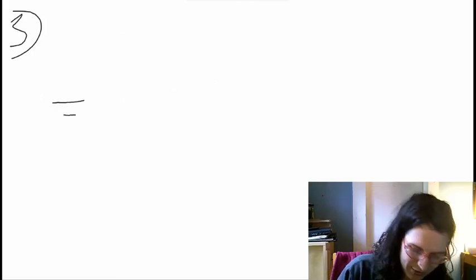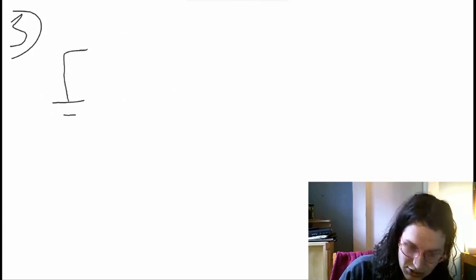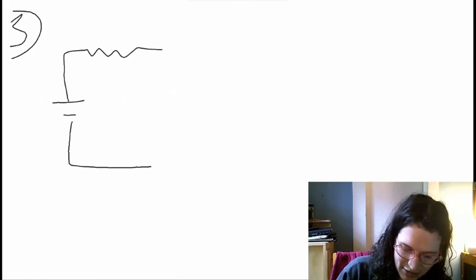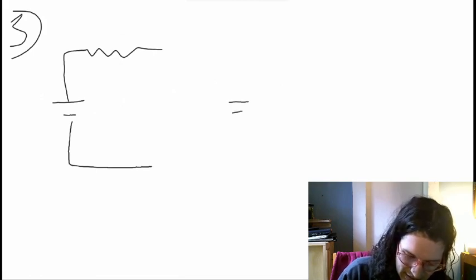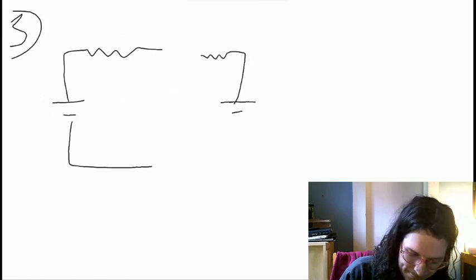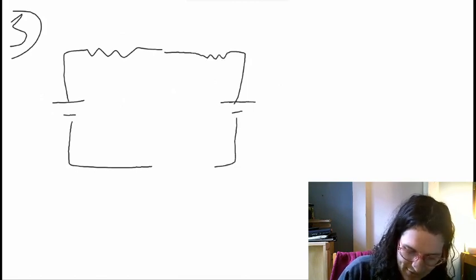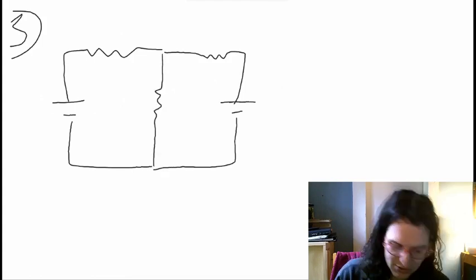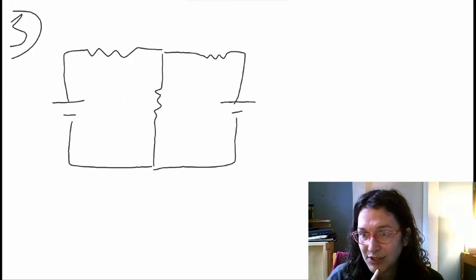Well, I have one battery on this side with a resistor here. I have another battery on the other side with a resistor up here. And then there's a third resistor going right down the middle. And these all have different names.